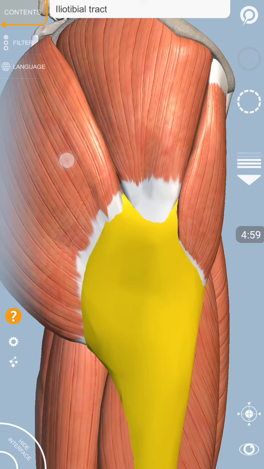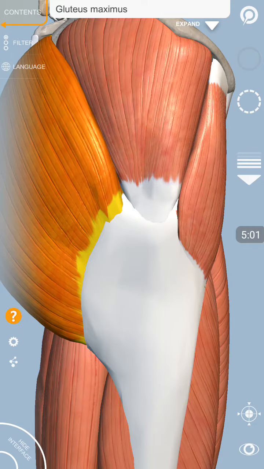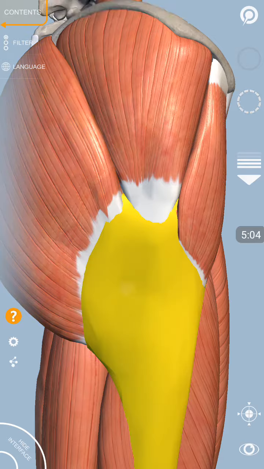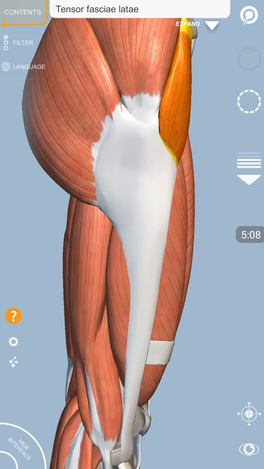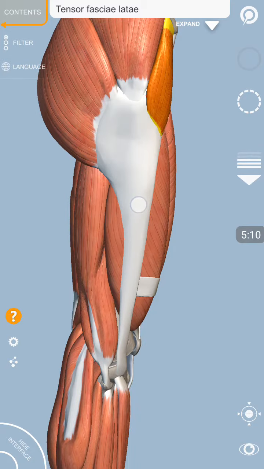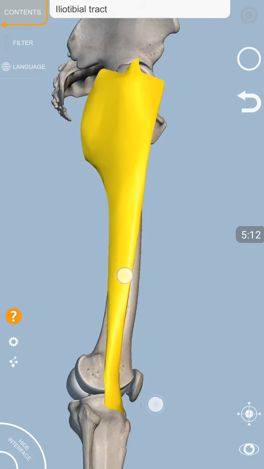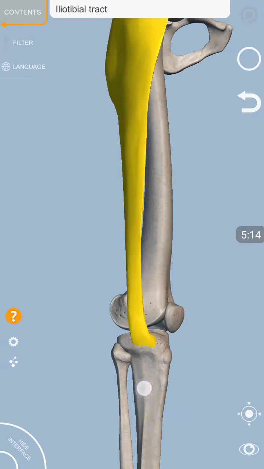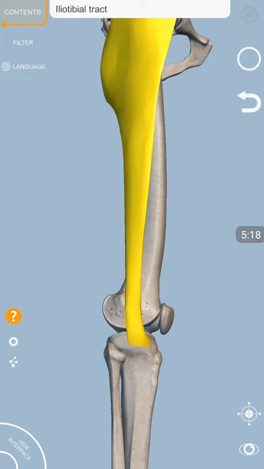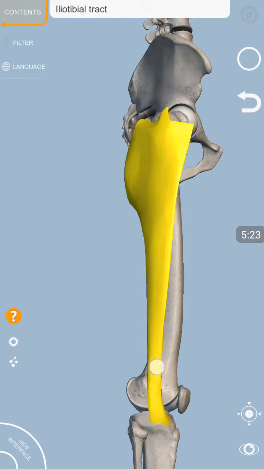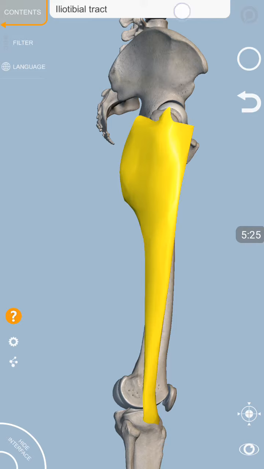It receives the insertion of the gluteus maximus muscle plus the tensor fascia lata, and these two muscles are indirectly inserted into the anterolateral aspect of the tibia. This tensor fascia lata keeps the knee joint in extended position. Thank you very much.